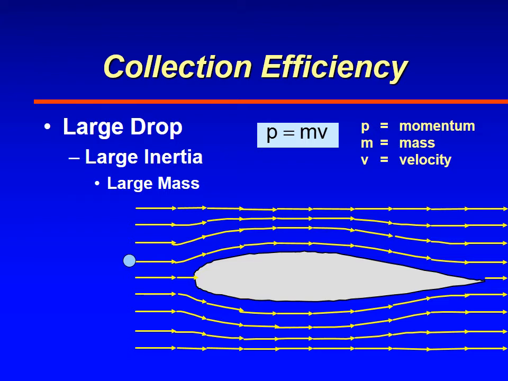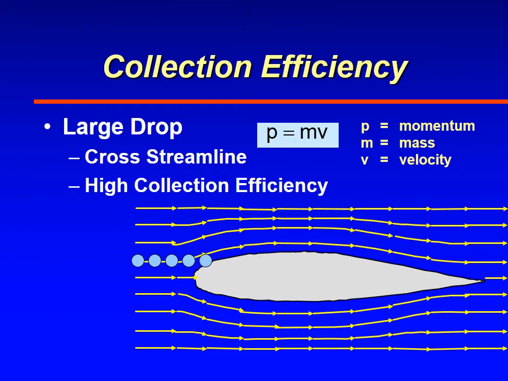Big objects tend to keep moving forward because they have momentum, just like a big garbage truck, or a semi, keeps barreling down the street. Something that has a lot of mass and a lot of velocity has a hard time changing direction. So these big drops keep moving forward.